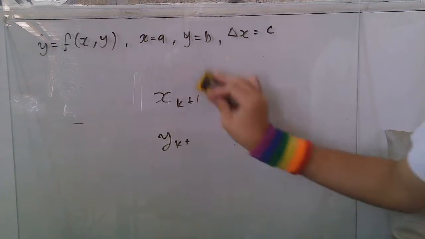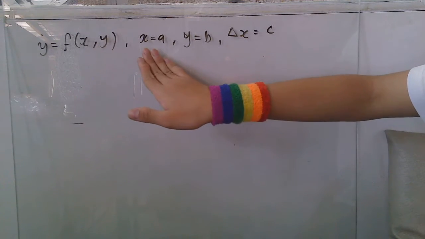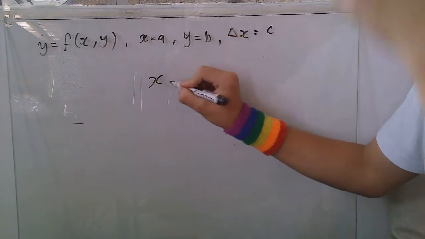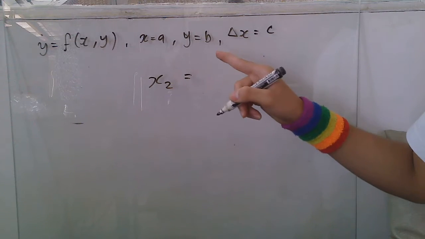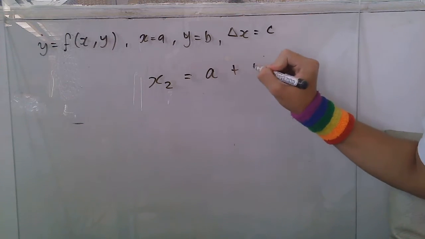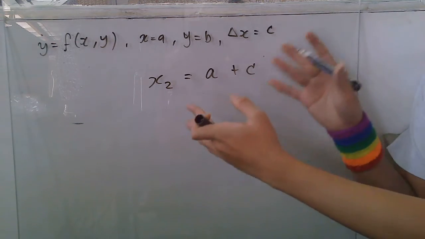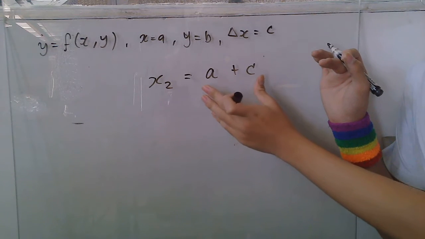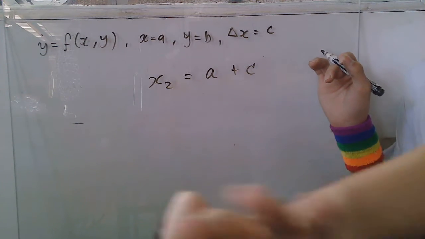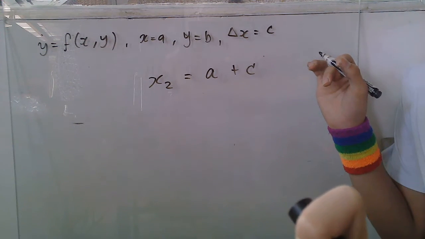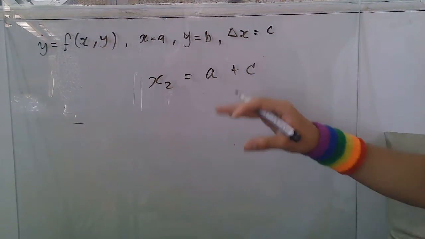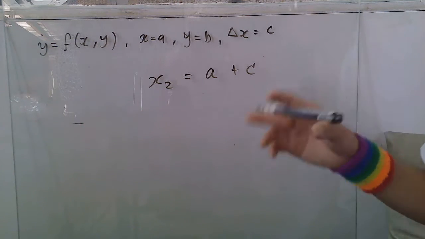So given this initial value problem, in the context of this here, this is our first guess, or first y and x. So x sub 2 can be found via x over here plus the prescribed delta, so a plus c. Don't misconstrue these two as the characteristics we know from the beginning. These two are arbitrary variables that are in no way related to what we discussed in the notation lecture. These are two separate, different variables. We're going to discuss that later on, when I'm done giving you a good discussion on what Euler's method is.